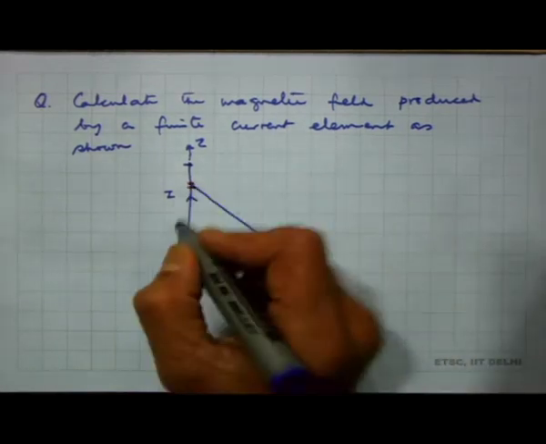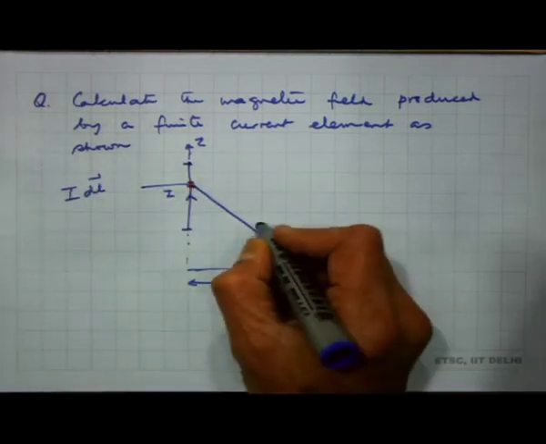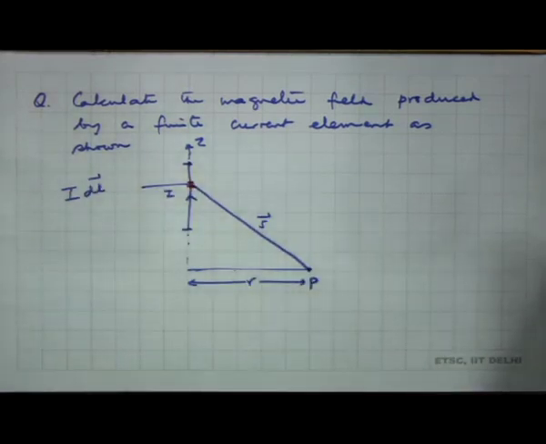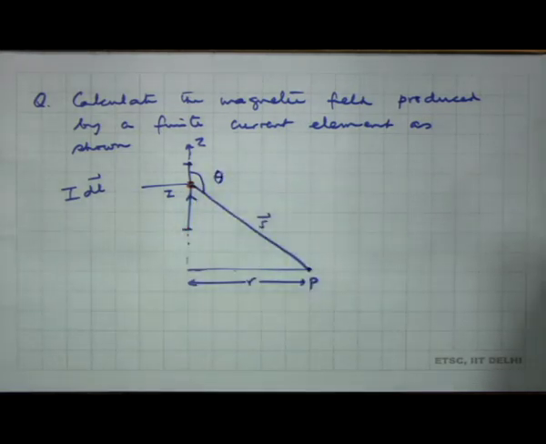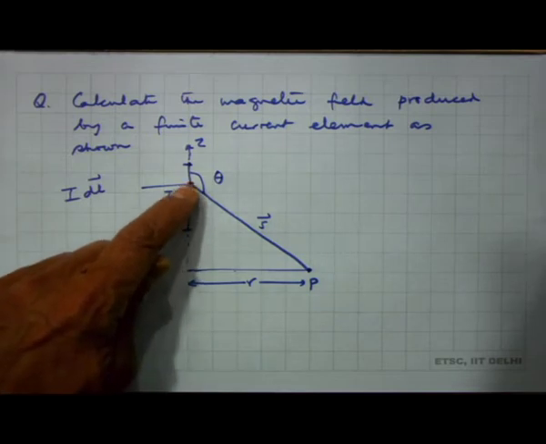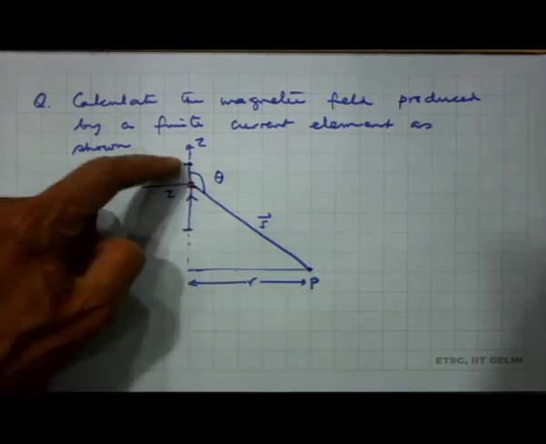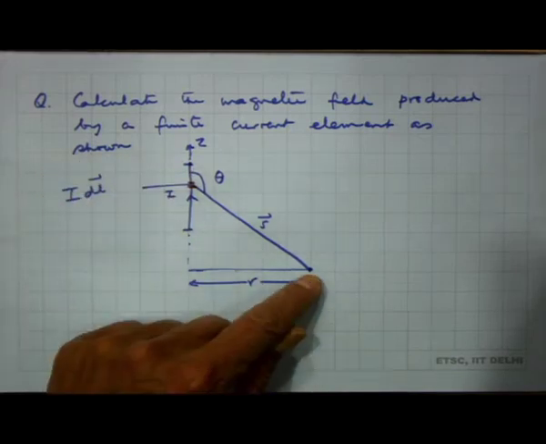This is the small current element which I will call I dl, and this vector I call s vector, and let me call this angle theta. I calculate the magnetic field produced by this small current element at this point and integrate over all elements from this point to this point to get the total magnetic field.